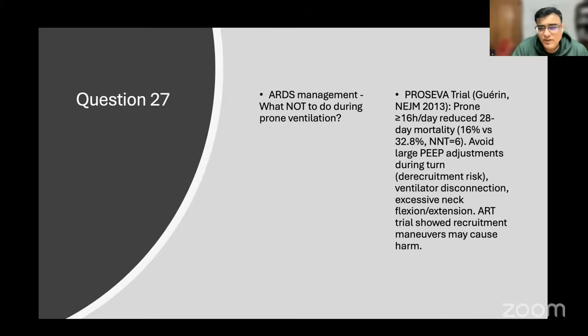Even if the patient's oxygenation was improving, they did not reduce the PEEP. They did not tamper with the PEEP a lot. And the ART trial showed that recruitment maneuvers also can cause harm in patients who are prone. So basically, you don't do a lot of PEEP titration and recruitment maneuvers whenever the patient is prone.